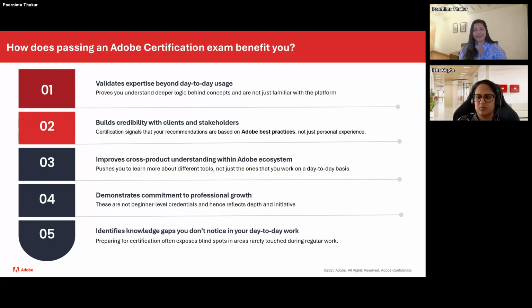Well, I wouldn't say correctly, but maybe I wasn't using the most optimal solution to deal with the business problem. So when you learn the certification exam and give it time, you go through concepts that you didn't even know you needed to know. So these are the different ways in which the Adobe certification exam really benefits you.